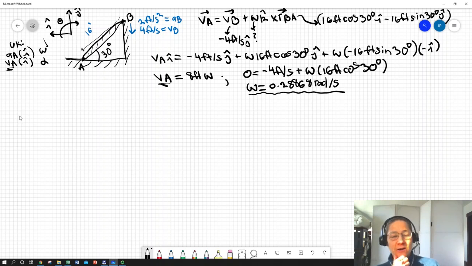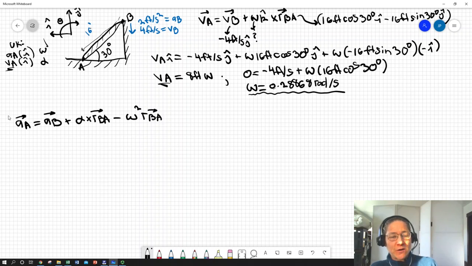Because I'm going to turn around now and say the acceleration at point A, which is a vector, is the acceleration at point B plus the angular acceleration of the ladder, alpha, crossed into r from B to A, minus the magnitude of the angular velocity of the rigid body, which we just solved for here, squared, times r_BA.